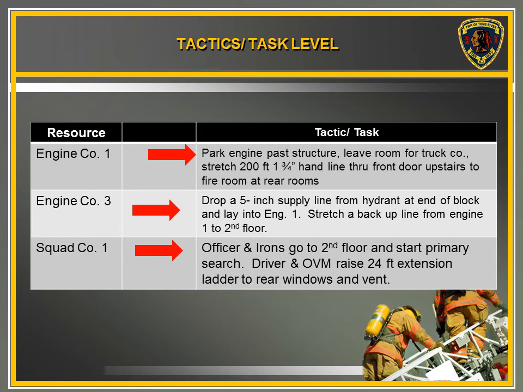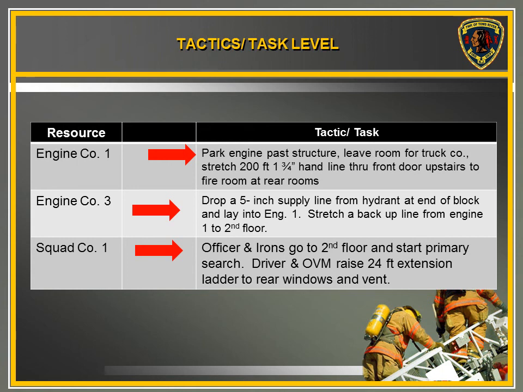At the tactical level or the task level, the resource, in this case Engine Company 1, is going to implement the objective, and the company commander, the officer on Engine Company 1, might use a tactic and tell his crew to do something like park the engine past the structure, leave room for the truck company, stretch the 200-foot 1 3/4-inch hand line through the front door, upstairs to the fire rooms, at the rear rooms.